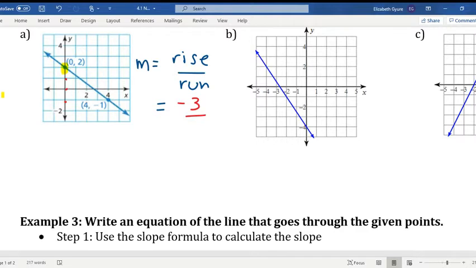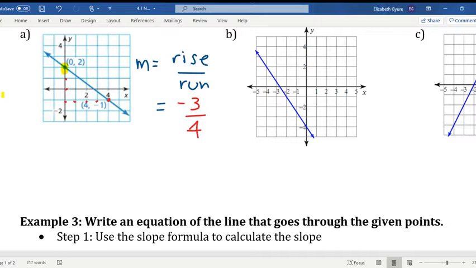You sure? Okay. Now, should I count to the left or to the right? To the right. 1, 2, 3, 4. Positive or negative 4 if I counted to the right? Positive. Do I need to reduce negative 3 over 4?